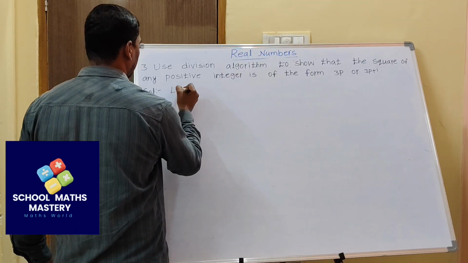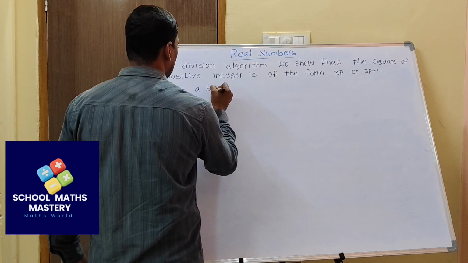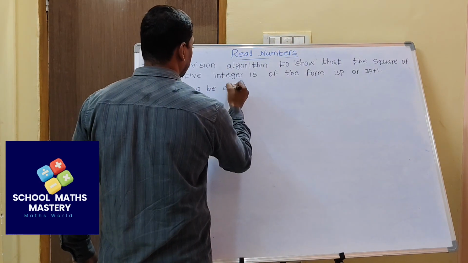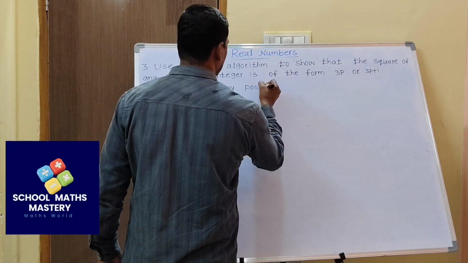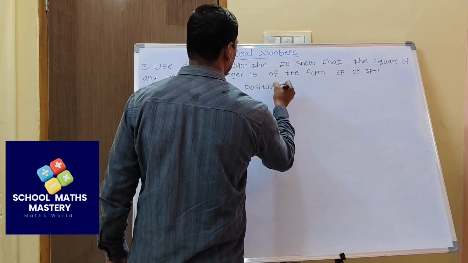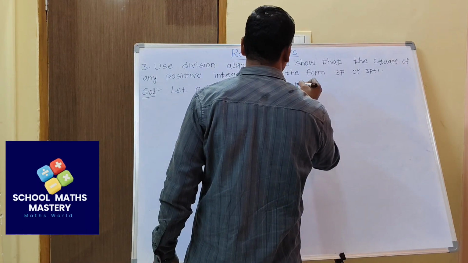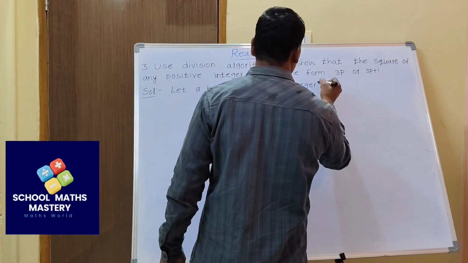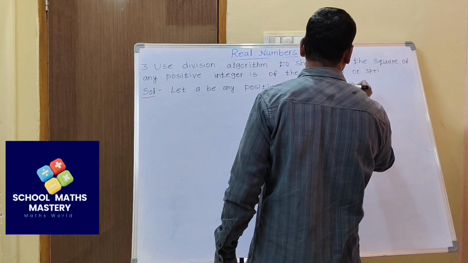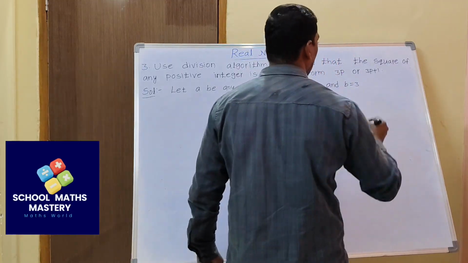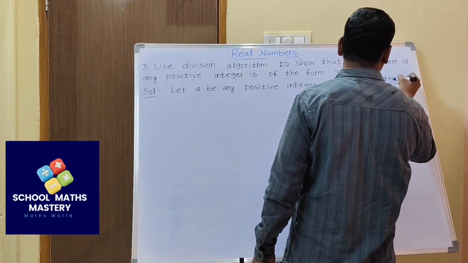Let a be any positive integer and b equal 3. a equals bq plus r.